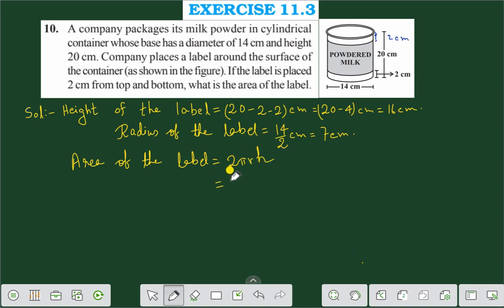Therefore, we are getting 2 into pi is 22 by 7, 22 by 7 into radius is 7 and height is 16 centimeter square. This 7 is 7. That means we are getting 2 into 22 is 44 into 16 centimeter square. We are getting 44 into 16.